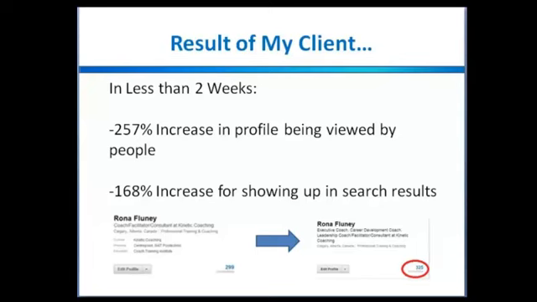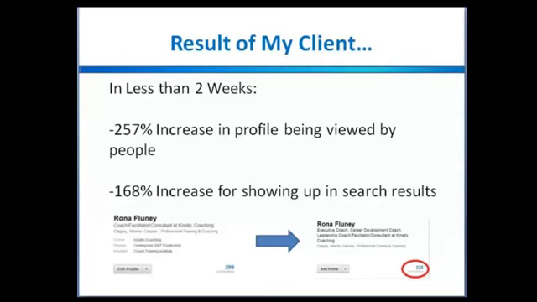So the more often that she's showing up in search results, the more likely she's able to get customers and potential business partners to click on her profile and see what she has to offer. I took a snapshot, and she grew from 299 connections to 325 connections in less than 2 weeks after we implemented these strategies.